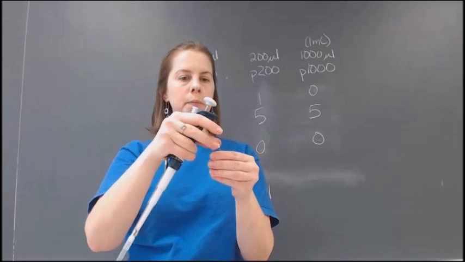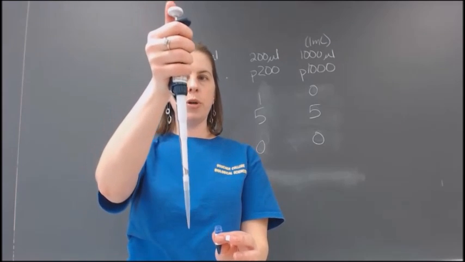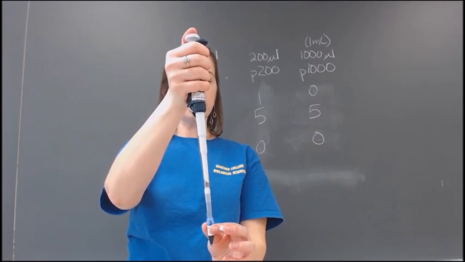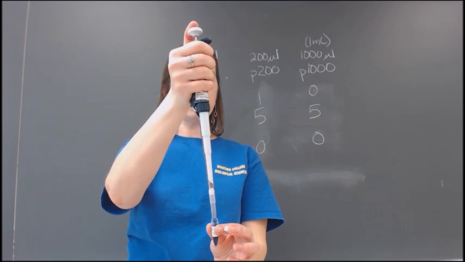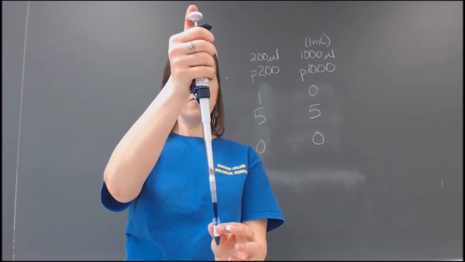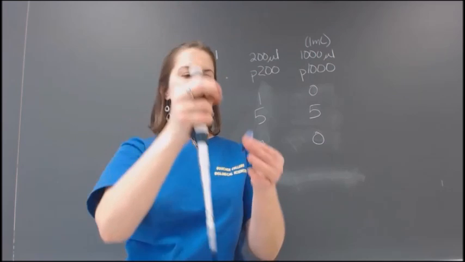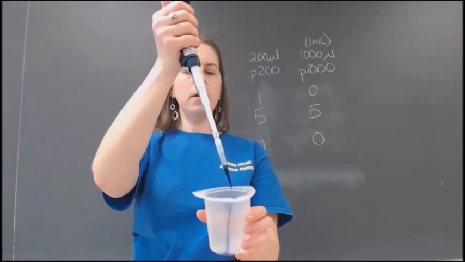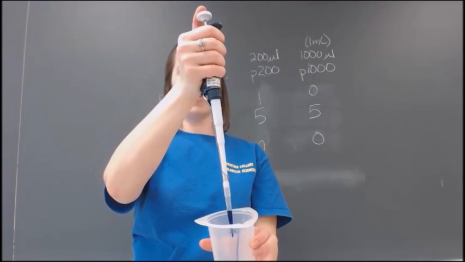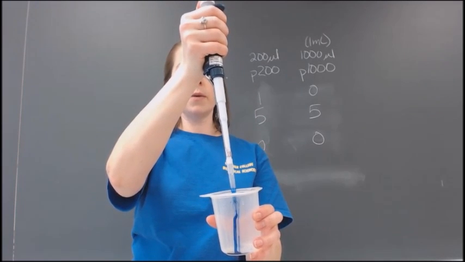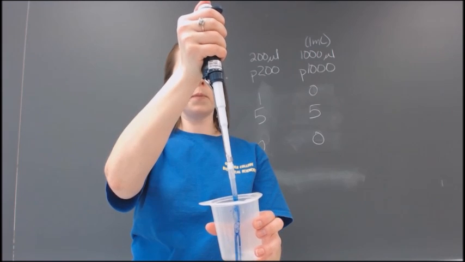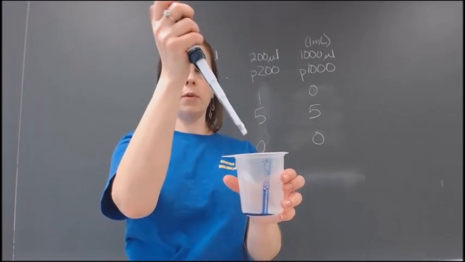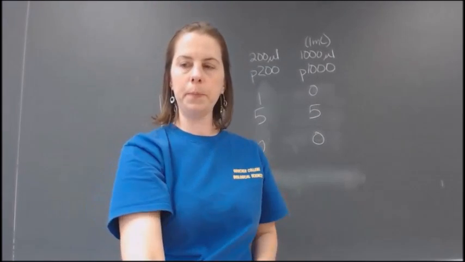And again, we will push our finger down to the first stop, put our pipette tip into the liquid, raise it very slowly up until we see the liquid stop rising in the tip. And then we can slowly push the plunger back down to release the liquid and then push it all the way down. Okay. Now to release the tip, there's this small white button on the side, and that will take the tip off your pipetter. Okay.